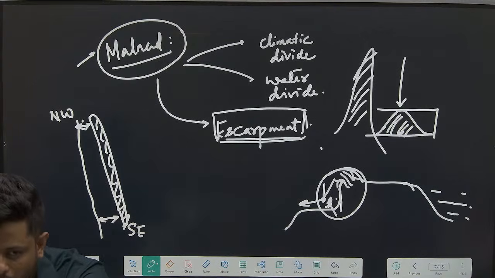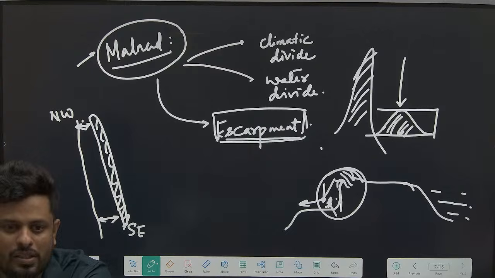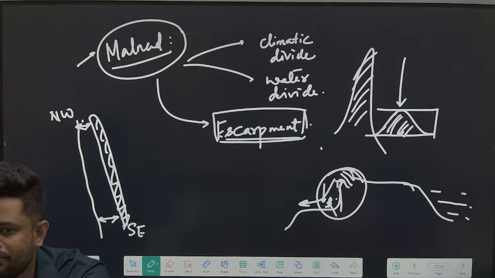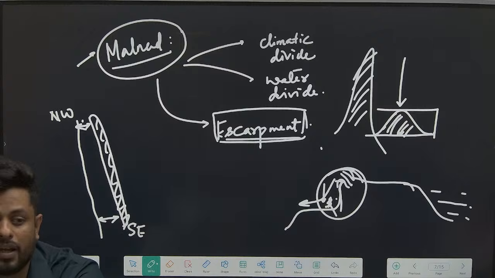Now again, coming to a conceptual question, which part of Karnataka, coastal or western side of the Western Ghats, will get higher amounts of rainfall? Coastal Karnataka andre plains, coastal plains or western side of the Western Ghats. Can you expect higher amounts of rainfall?